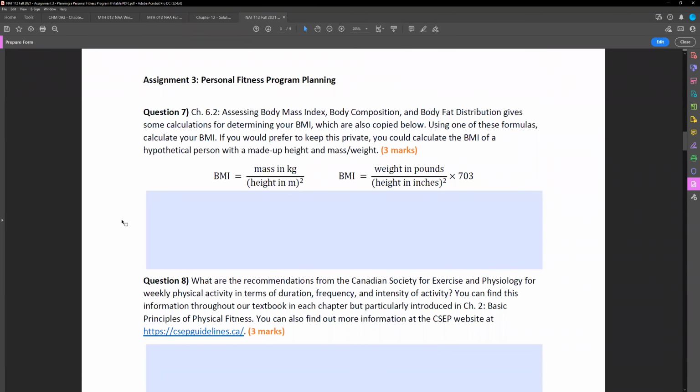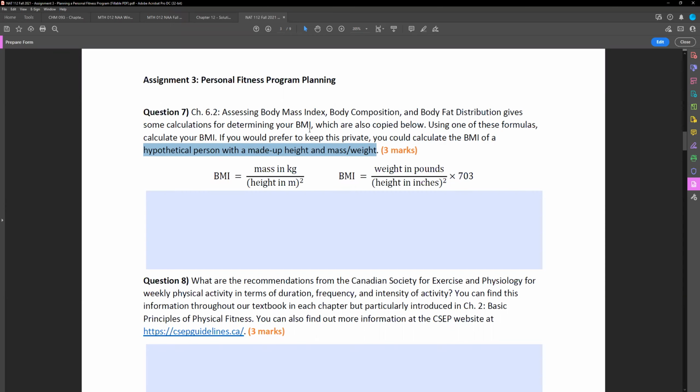Question 7, calculate your BMI. Or if you would prefer to keep this private, you could calculate the BMI of a hypothetical person with a made-up height and mass or weight. So you don't have to give me any information you're not comfortable giving. Make up a height, make up a weight, and calculate the BMI. I just want to see that you can go through these calculations. And I did an example in 2 of the recorded videos.